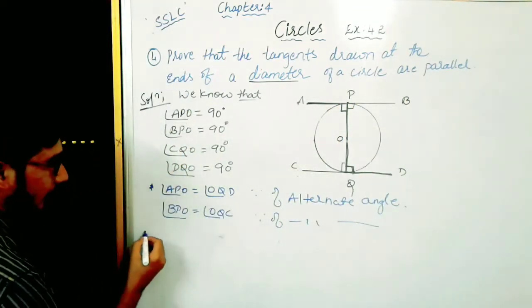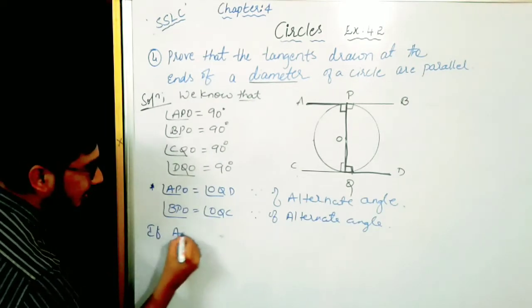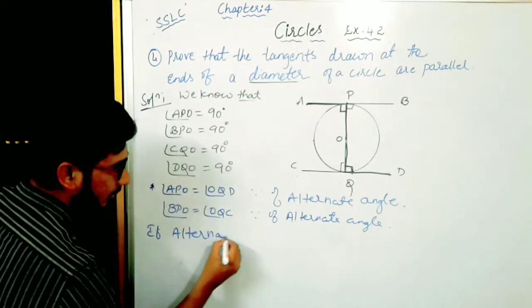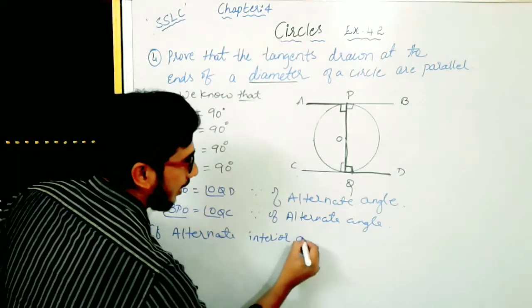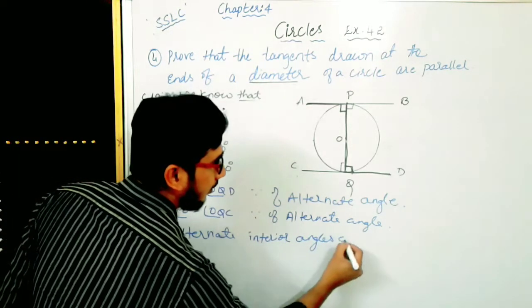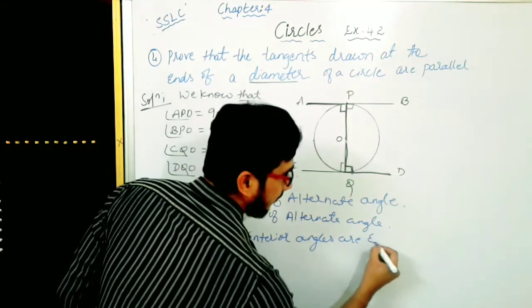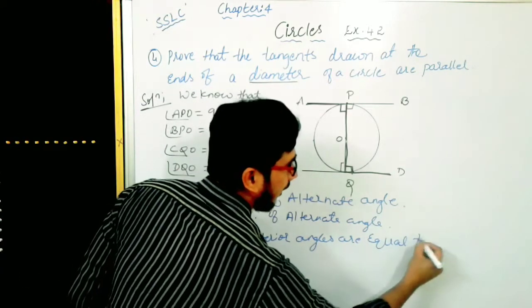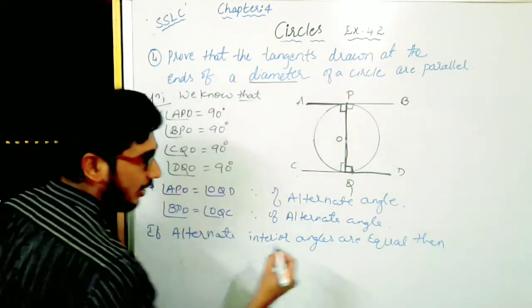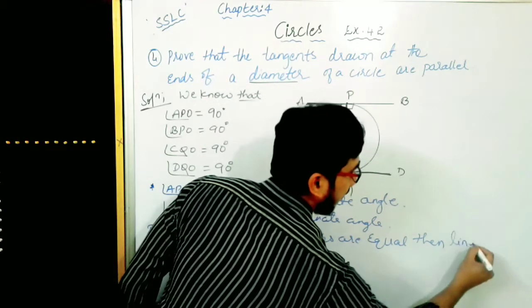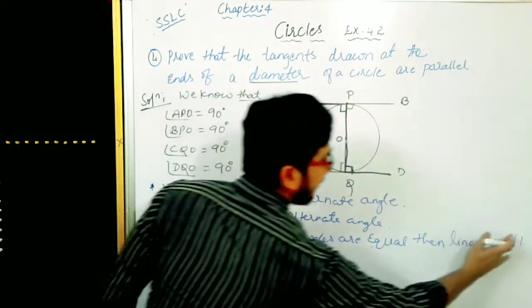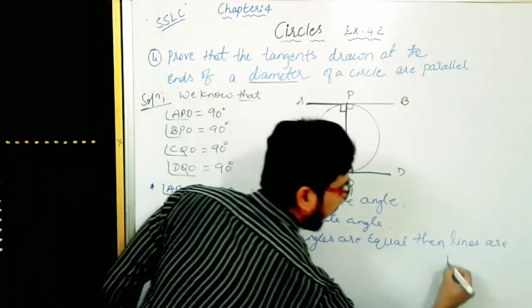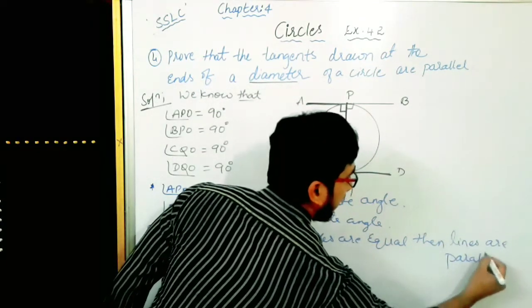I'll write here: when alternate interior angles are equal, then lines are parallel.